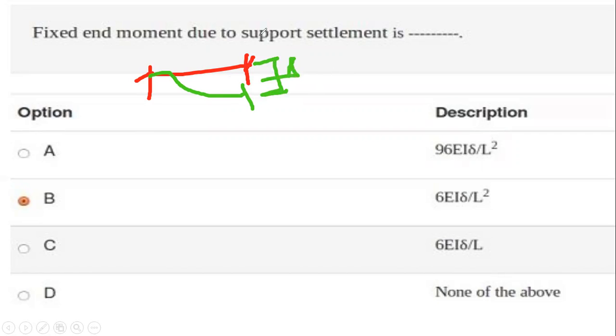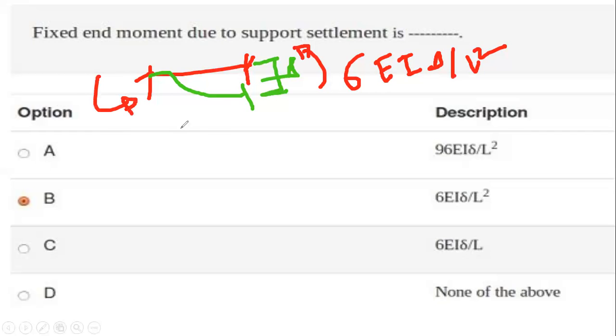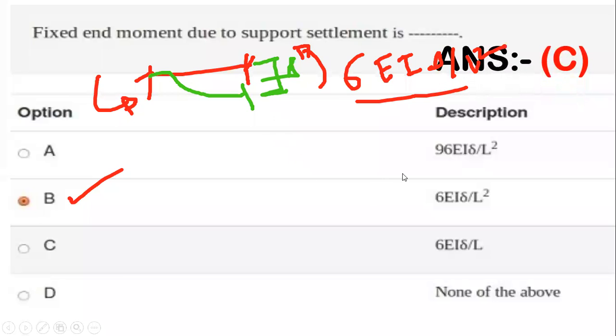Due to that support settlement, the resulting fixed end moment is given by the formula 6 EI delta by L square, and the nature will be anti-clockwise for both the ends. Here we have to find out the value of that moment. So 6 EI delta by L square, option B is the answer. This is a typing mistake, this is not C, this is B.